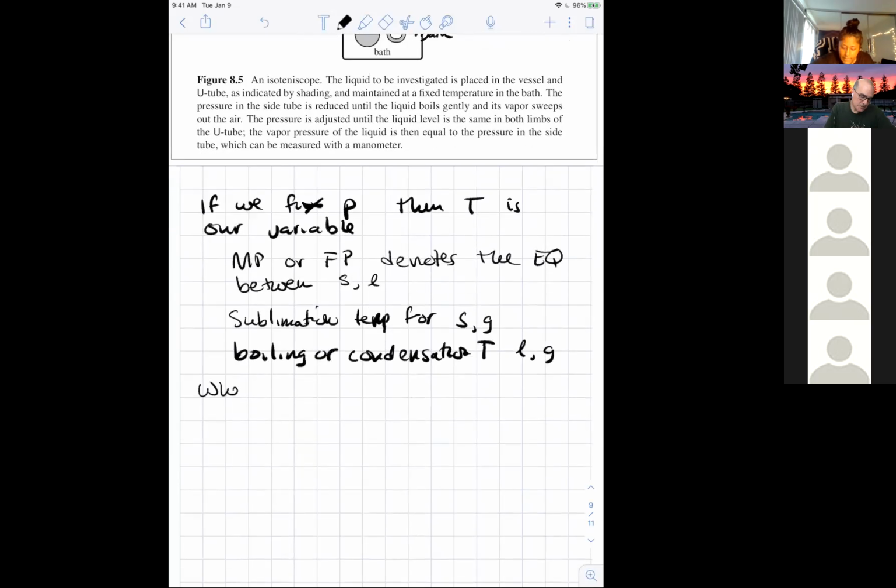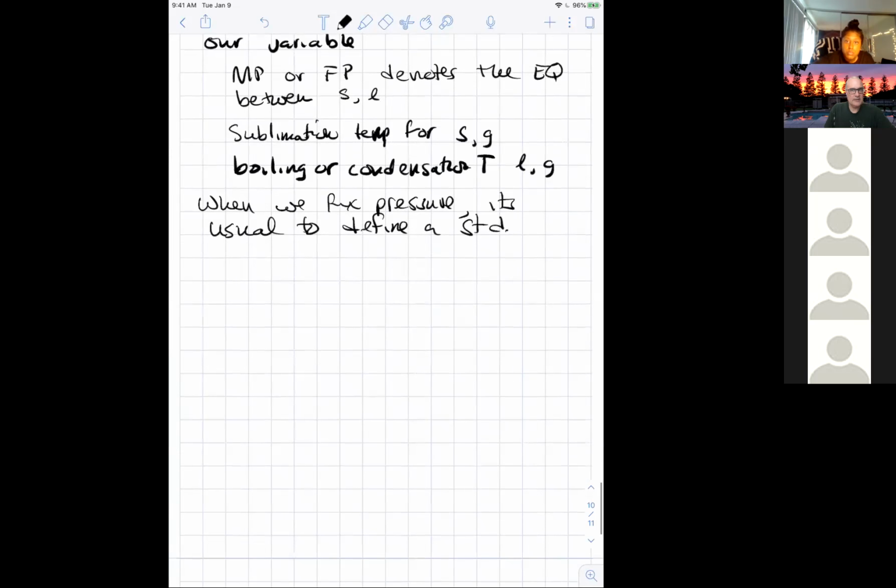When we fix pressure, it's usual to define a standard pressure. And this is something we have to be careful with, because it's a little bit different than what we're used to at this point. We know about the normal, for example, boiling point or melting point.